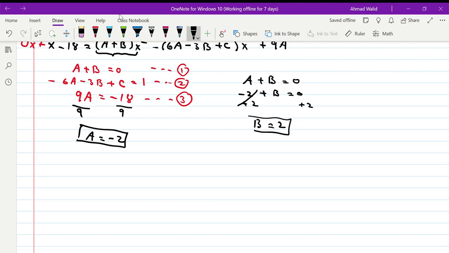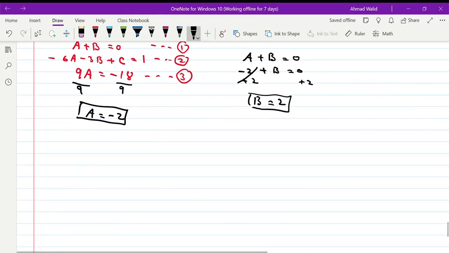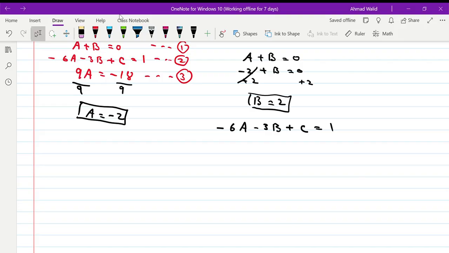Now, I have the value of a and b. It's easy to find the value of c. I'll copy equation number 2, which is negative 6a minus 3b plus c equals 1. Plug in the value of a and b in this equation.